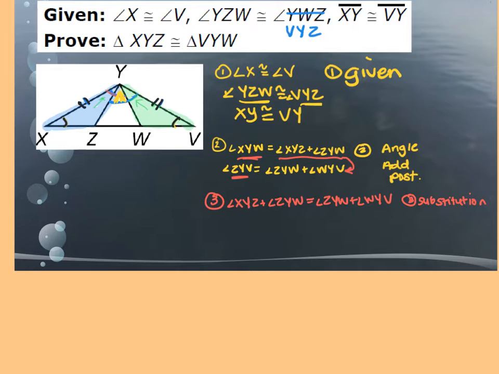Now, what did we say is the overlap? The overlap would be the yellow angle, that is ZYW, right? It's on both sides, but before I can subtract it off, what do I have to say? That it equals itself.